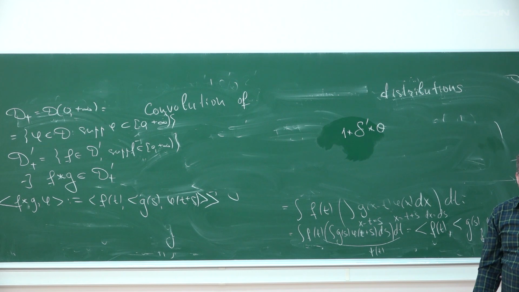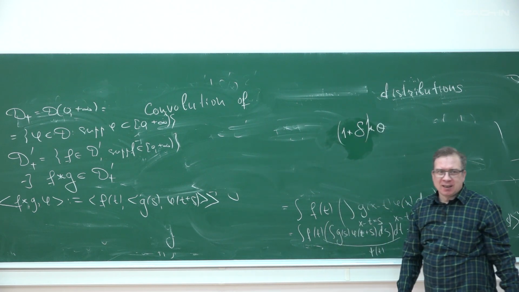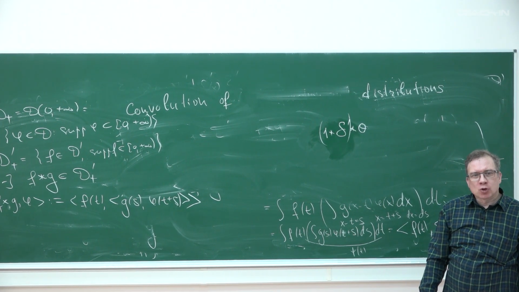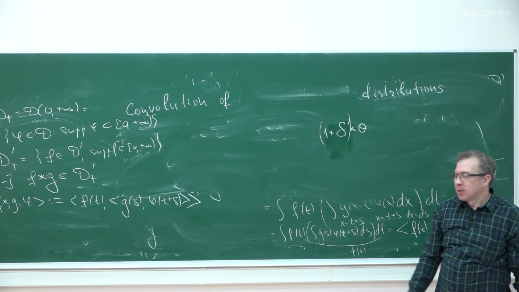Who can calculate this convolution? Let's take brackets as follows. Convolution with delta prime is derivative. Yes? So it is 0.